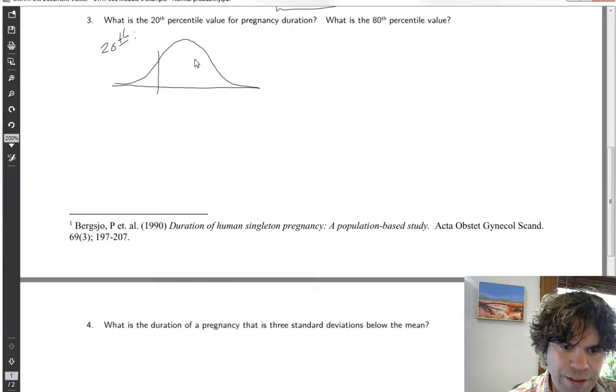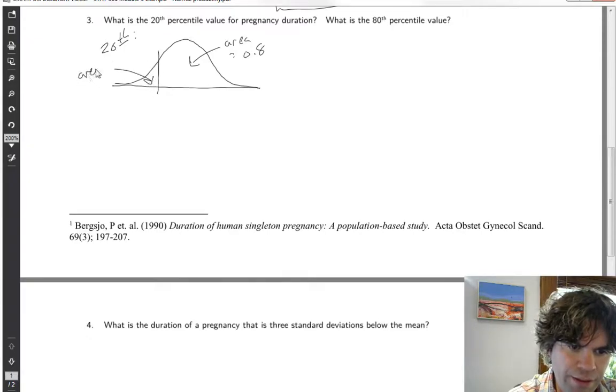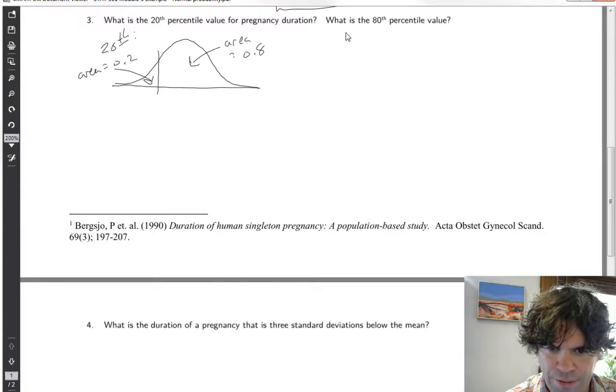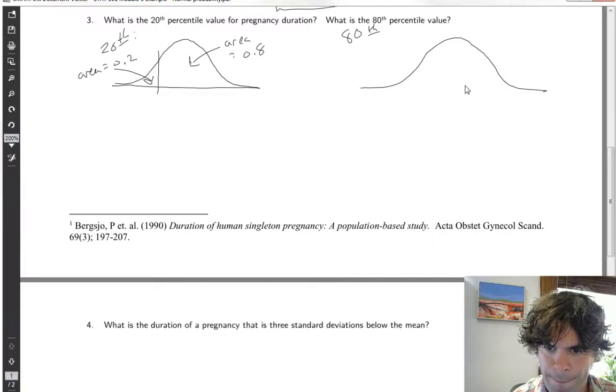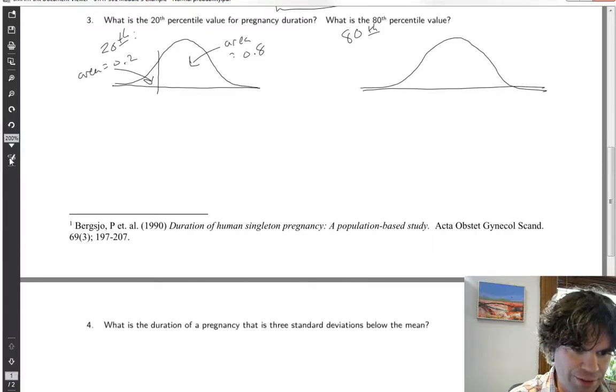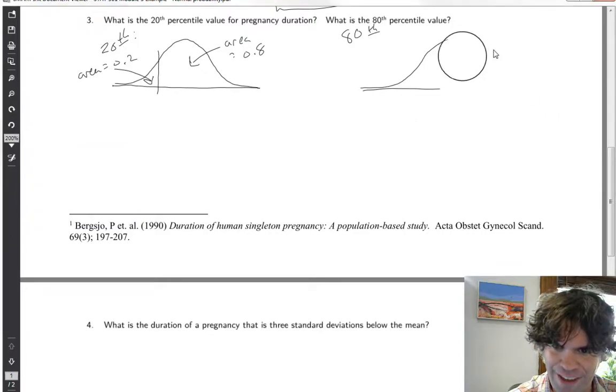And so what we're saying here is area equals 0.8, and then area equals 0.2. And I want to know what that value is right there. And for the 80th, it's just going to look like a mirror image. So that's a really lousy normal distribution. Let me redraw that.